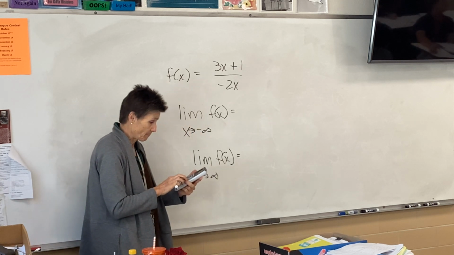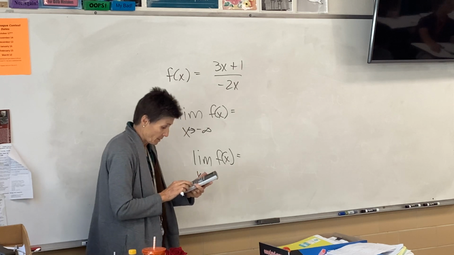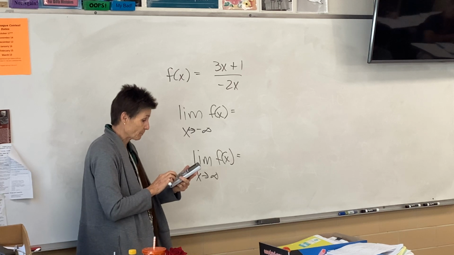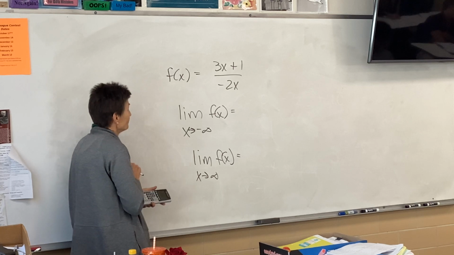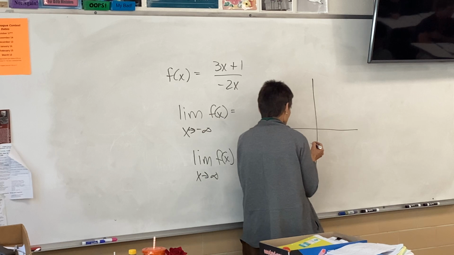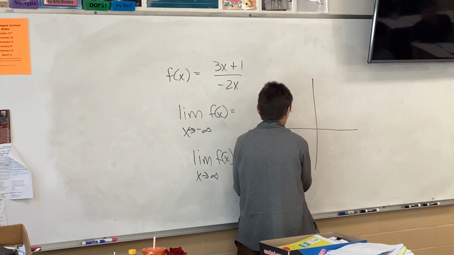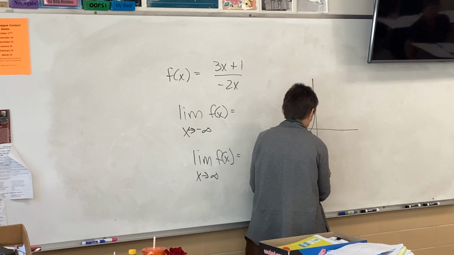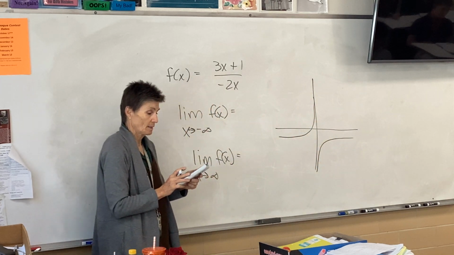What do we got? 3x plus 1 divided by... Are you looking at it with me? I'm seeing something that looks sort of like this and sort of like this. Are you seeing something that looks like that? That's what you should be seeing.